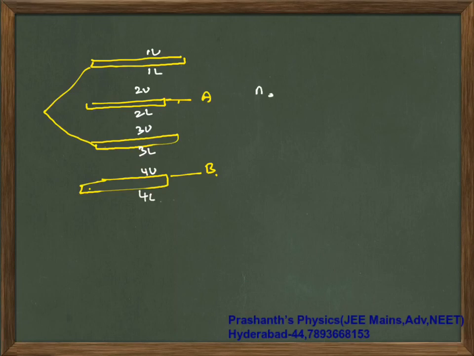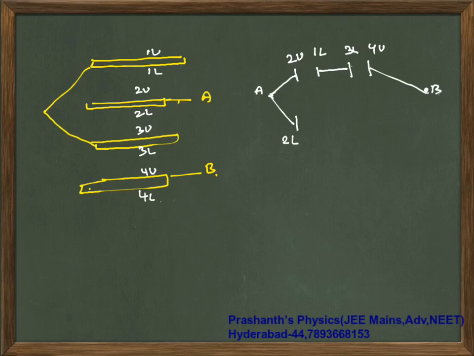Now between A and B there is no direct capacitor. So A will have 2 upper, A will have 2 lower. Now 2 upper will form a capacitor with 1 lower. 1 lower is connected to 3 lower. 3 lower will form a capacitor with 4 upper.